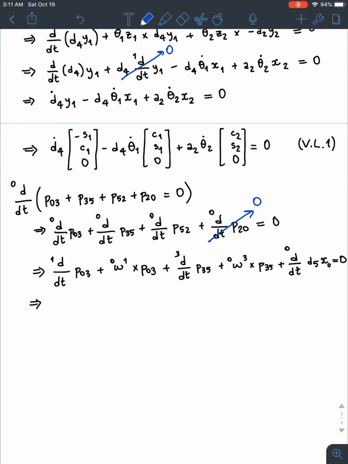Now, while moving to this new step, we recognize that the vector p03 is fixed in the first frame, so its derivative in the first frame is 0. Similarly, the vector p35 is fixed in the third frame, so its derivative in the third frame is 0.